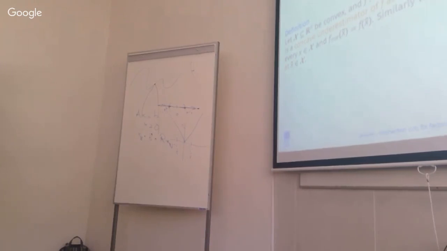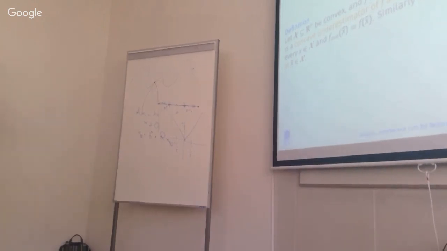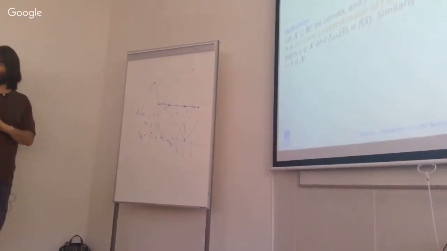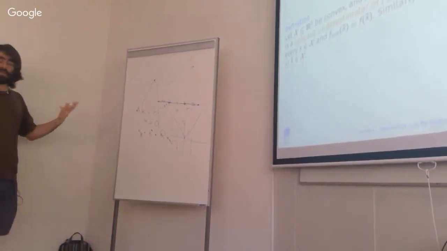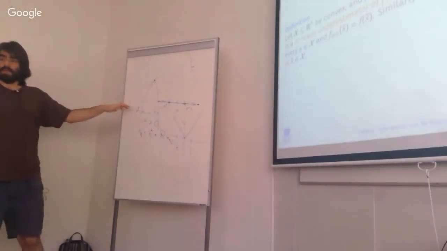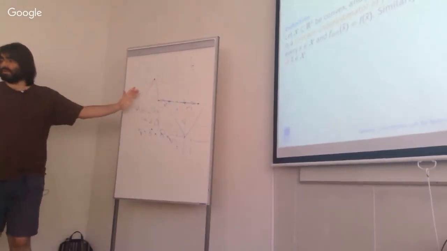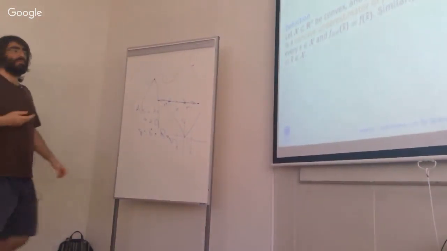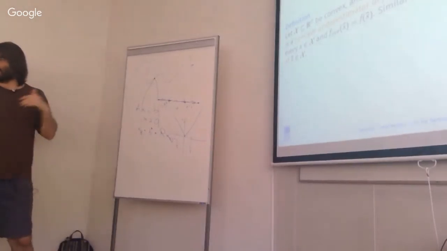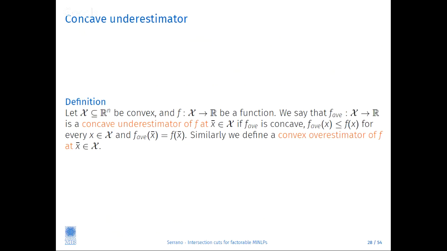So there should be many of them. We don't have the problem that a convex underestimator might not exist, or that the convex underestimator depends on the bounds. I'm going to talk about that later. This one doesn't really care what the bounds are. So we're going to define a concave underestimator as an underestimator that is concave and is tight at a given point. And the same way we define a convex overestimator.